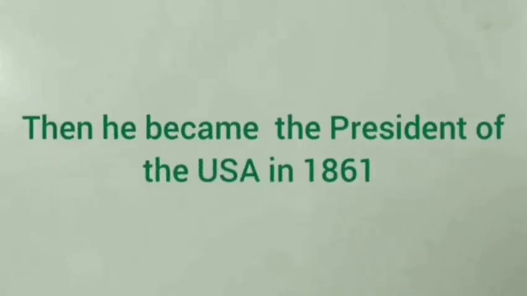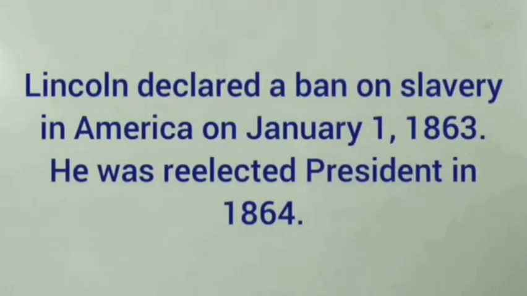Then he became the president of the USA in 1861. If you are asked in which year he became the president of the USA, then you have to answer 1861. Lincoln declared a ban on slavery in America on January 1st, 1863. He was re-elected president in 1864.